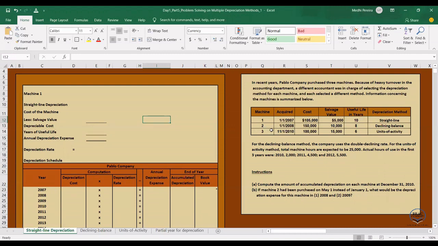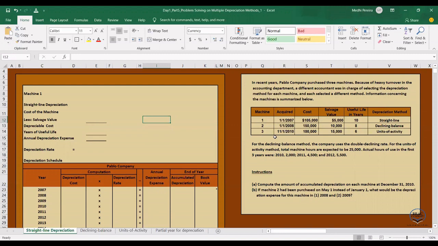In case of machine 2, the date of purchase was 1st of January 2008 and the cost of the machine is $150,000. The salvage value was $10,000 and the useful life is 8 years, and it uses the declining balance depreciation method.